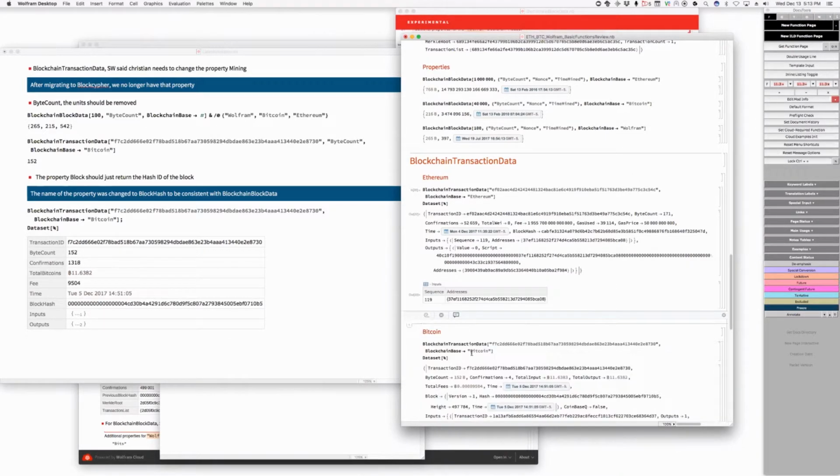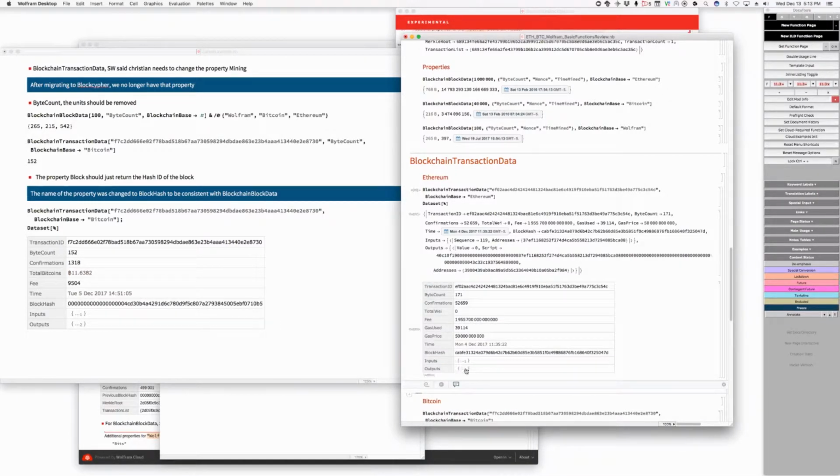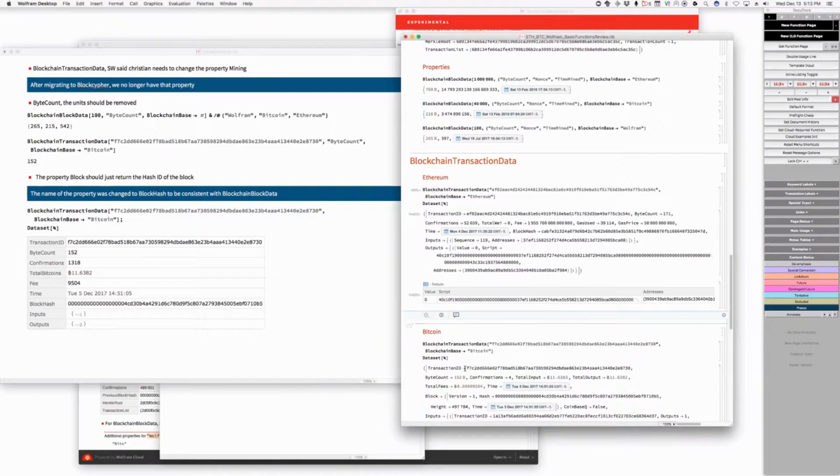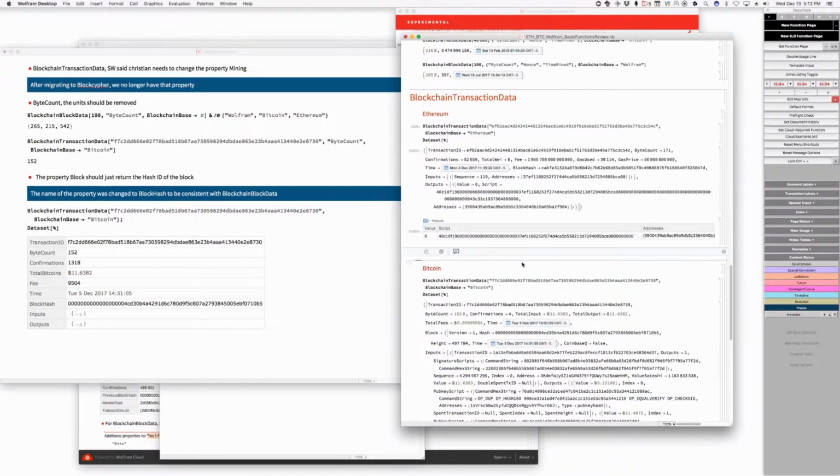Okay, so inputs. What does this mean? I believe it's the origin address and the destination address and the code the Ethereum virtual machine is running.